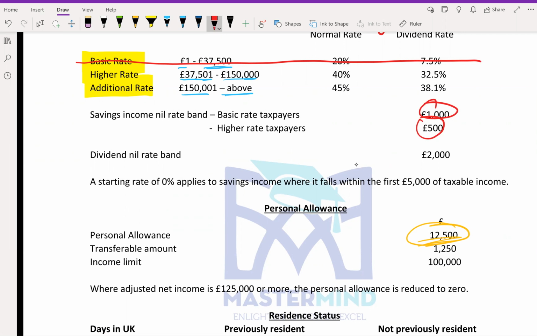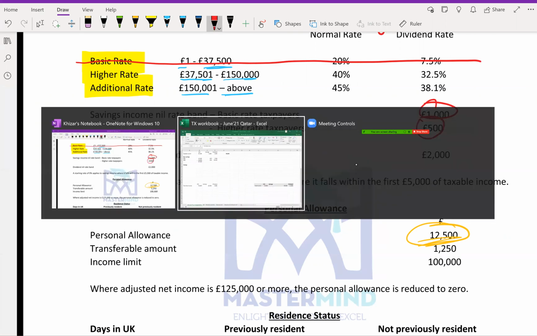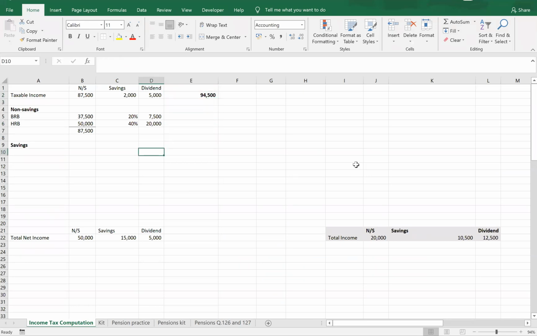The max amount of tax I will pay is at the higher rate, which is 40%, or 32.5% for dividend. So technically, for me, within the savings category, 500 will be taxed at 0%. Have I taxed the entire savings income?